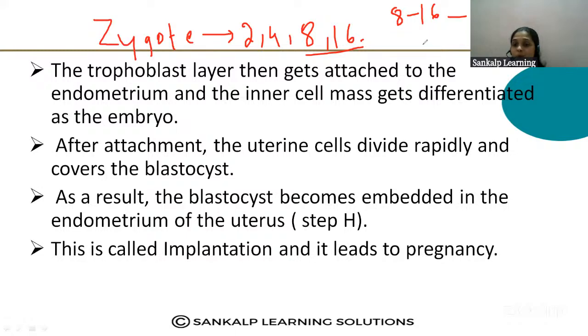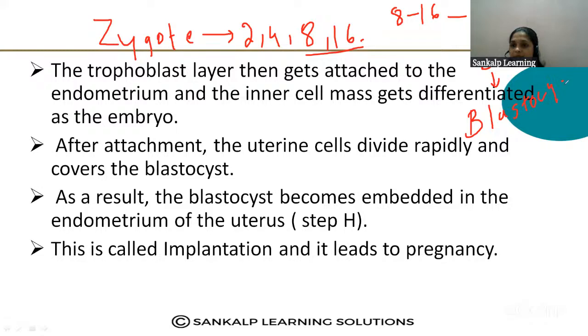Then this morula will develop into blastula, but it is not mentioned in your NCERT, but it is important. Morula ಏನಾಗಿ ಡೆವಲಪ್ ಆಗುತ್ತೆ ಅಂದ್ರೆ ಬ್ಲಾಸ್ಟುಲಾ ಆಗಿ ಡೆವಲಪ್ ಆಗುತ್ತೆ and this blastula develops into blastocyst.